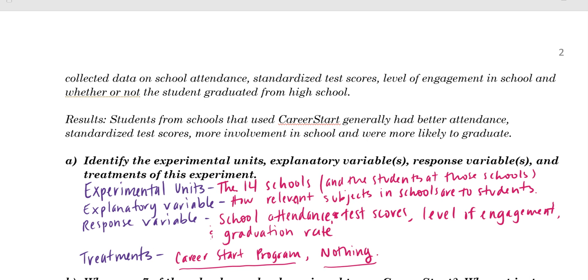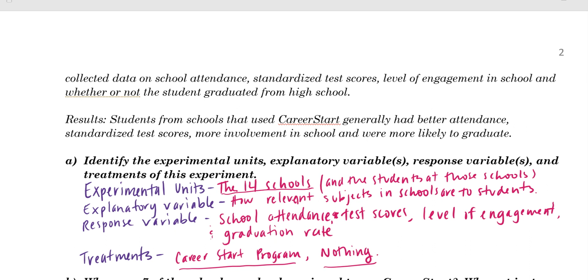The who in this case is the school, the whole school. So the reason I'm saying the schools are the experimental units is because that's who or what received the treatment. Of course, we know the school implies the students at those schools were using the program, but the experimental unit was the school.